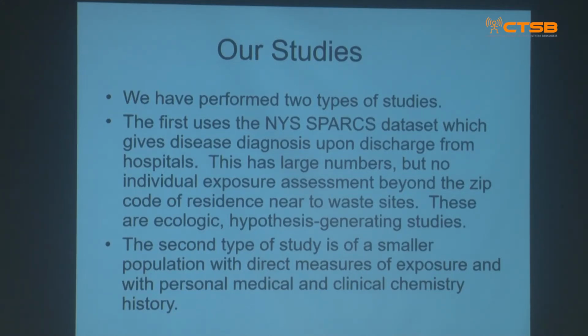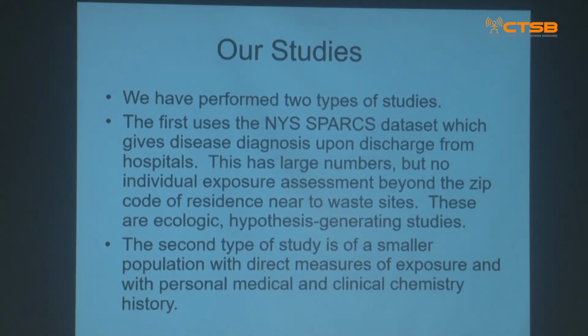So we've done two kinds of studies. The first one was simply looking at the diseases people get if they live near a PCB contaminated site. Now, in that kind of study, we don't measure PCBs in the person, we simply know where they live. In New York, we have a whole data set called the SPARCS data, which is that if you are hospitalized or if you go to an emergency room, that hospital must report to the state health department every disease you have, up to 15 different diseases.